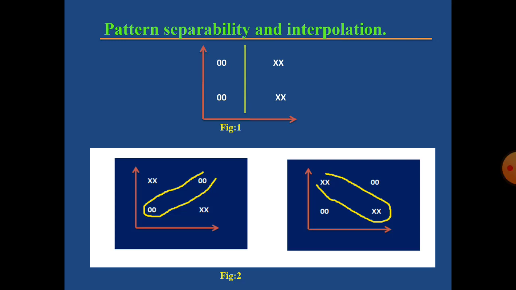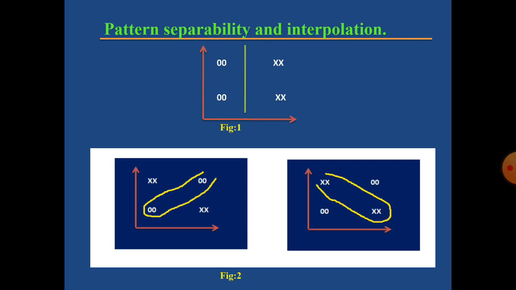So here, by using RBFN, the radial basis function network, non-linearly separable patterns can be converted into linearly separable patterns.